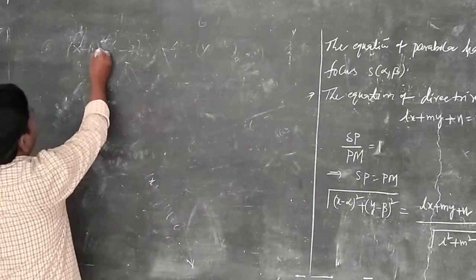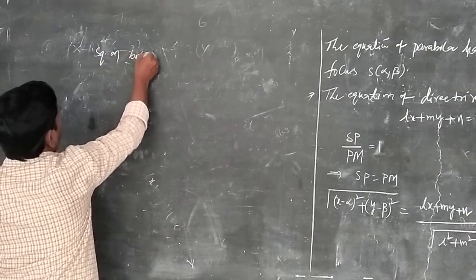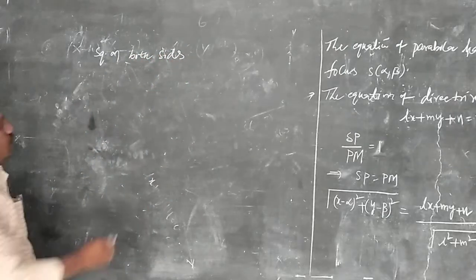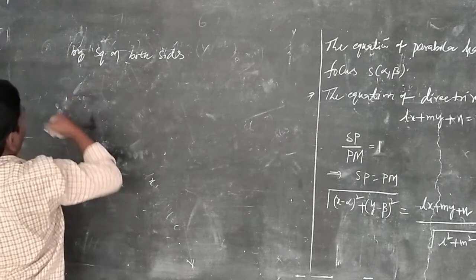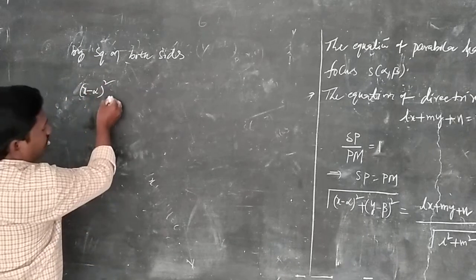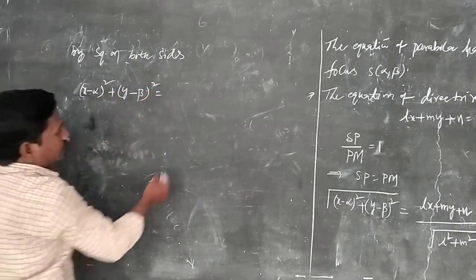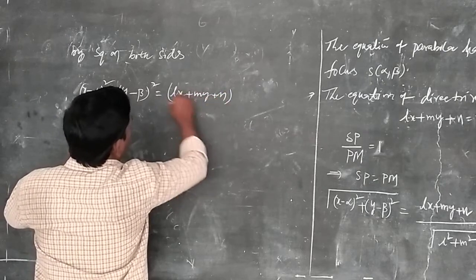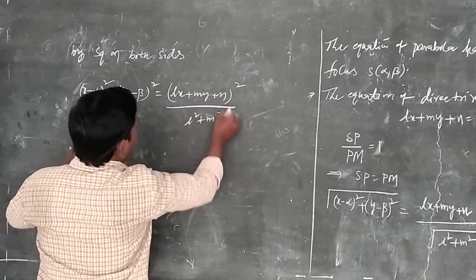Now squaring on both sides, (x minus alpha) whole square plus (y minus beta) whole square equal to (Lx plus My plus N) whole square by L square plus M square.